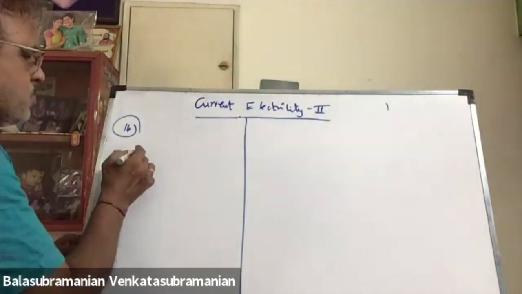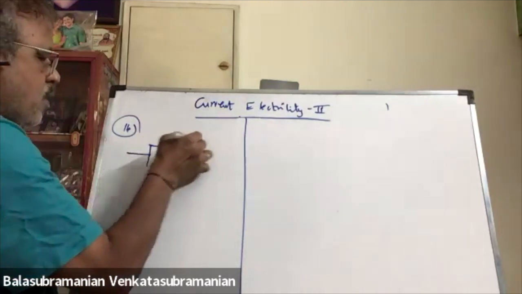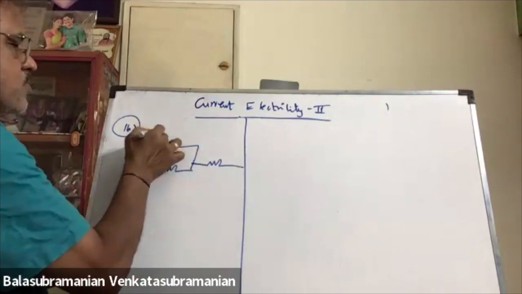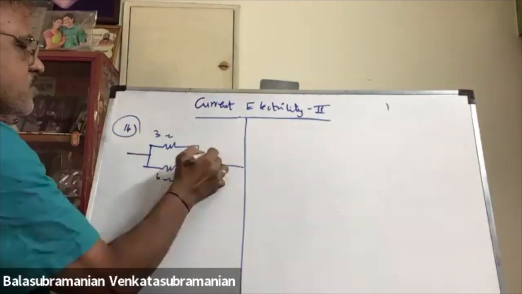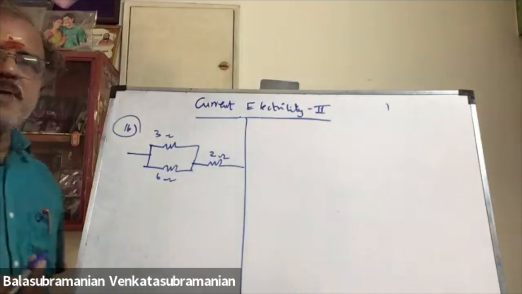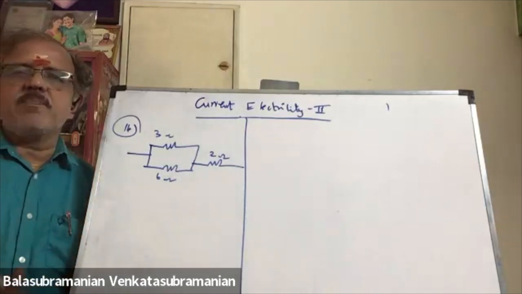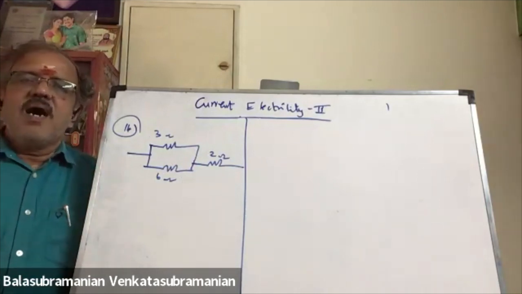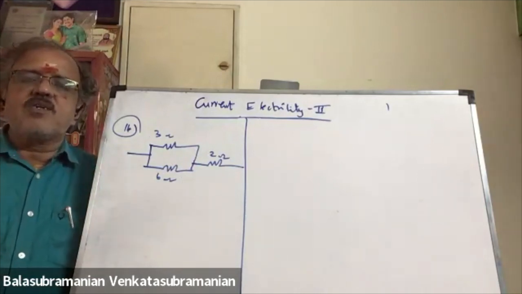3 ohms, 6 ohms, 2 ohms. Only by trial we have to find out, because 1 by Rp is equal to 1 by R1 plus 1 by R2 plus 1 by R3, and Rs is equal to R1 plus R2 plus R3.